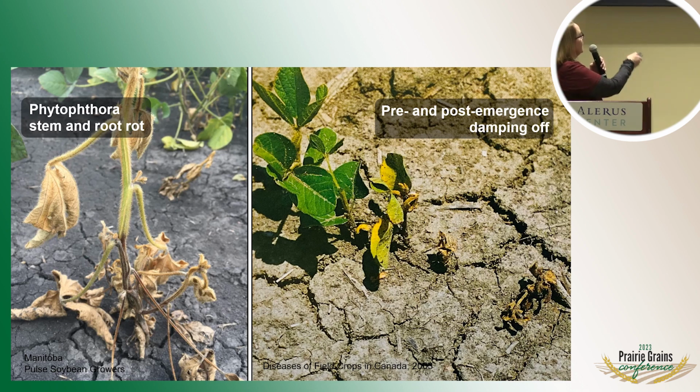You can also see that it causes pre and post emergent damping off, so seedling disease and dying. And it's hard to distinguish the plants that have died due to Phytophthora from plants that have died due to species like Pythium.